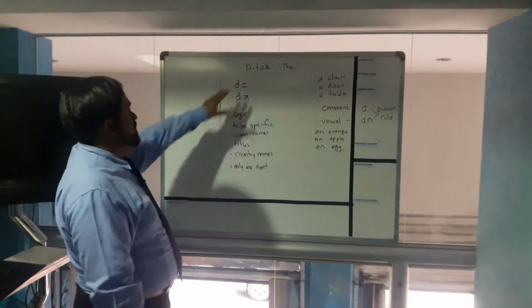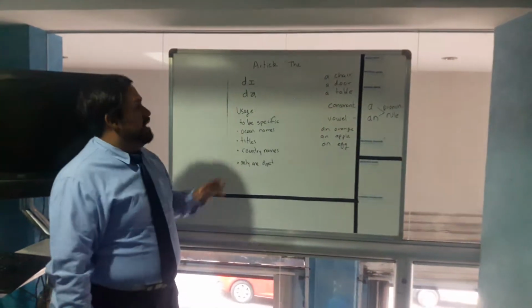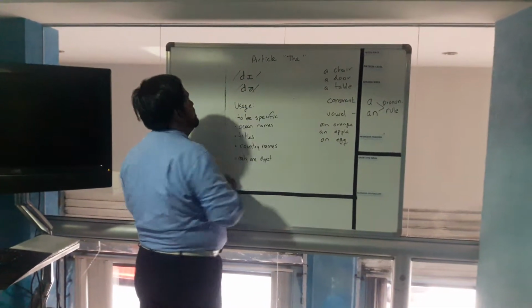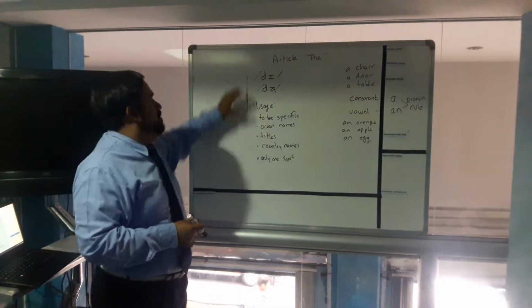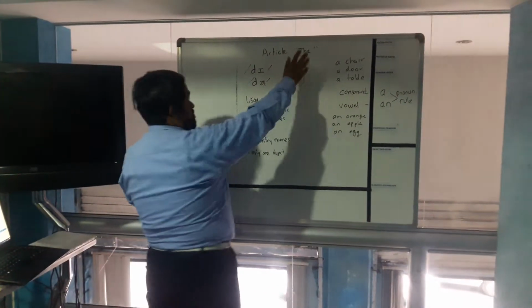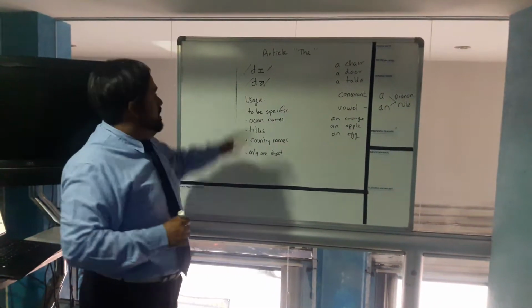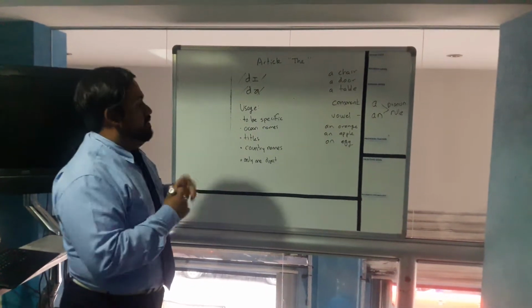But for example, we have this article that is a definite article, and we have two pronunciations. These two are the ways of how you pronounce them. The article the has two pronunciations, thuh or thee, and you express them in the phonetic alphabet.